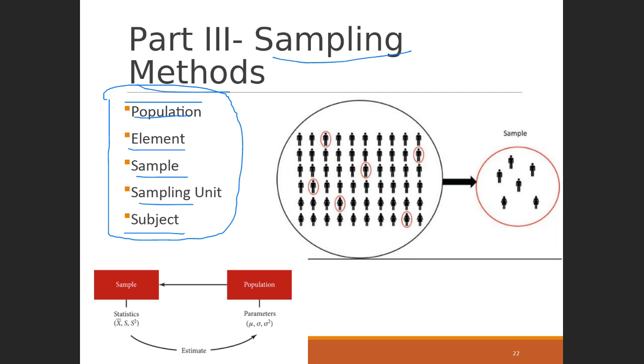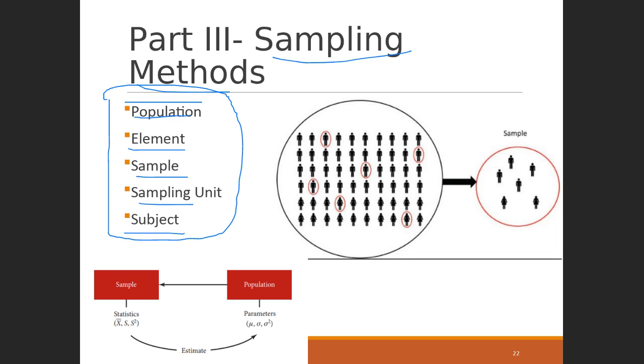And the sample is the subset of the population. It comprises some members selected from it. In other words, some but not all members of the population form the sample. If 200 members are drawn from a population of 1000 students studying in WKU, then these 200 members can be called the sample of the study.